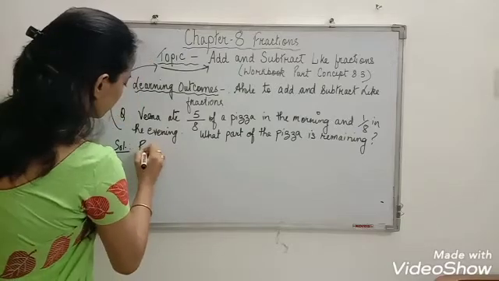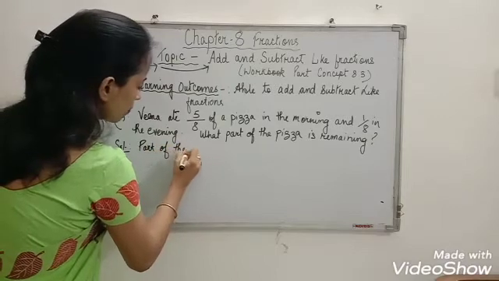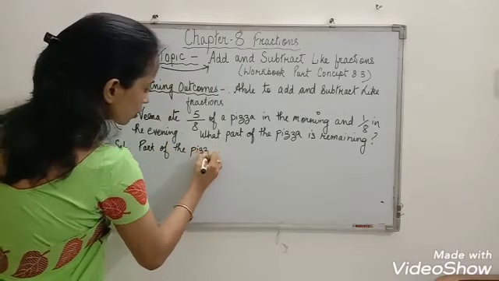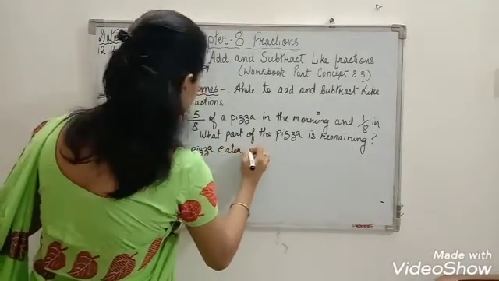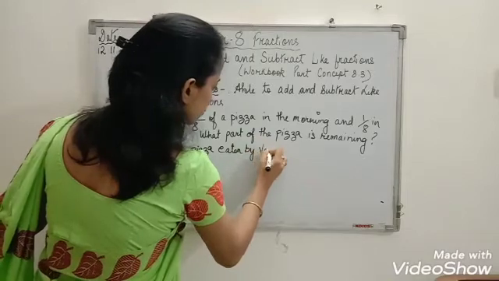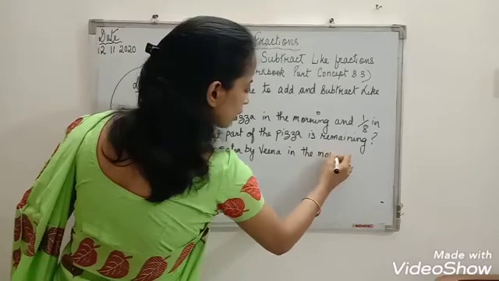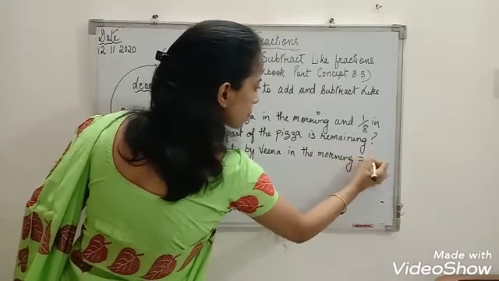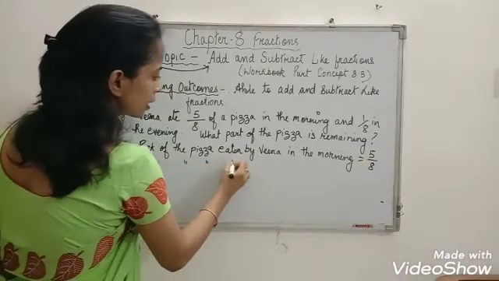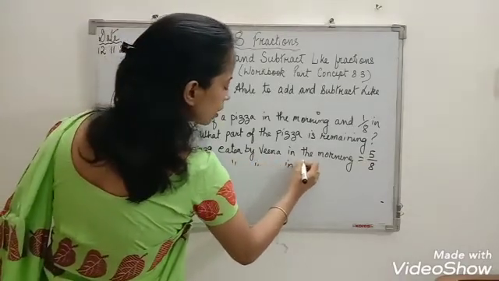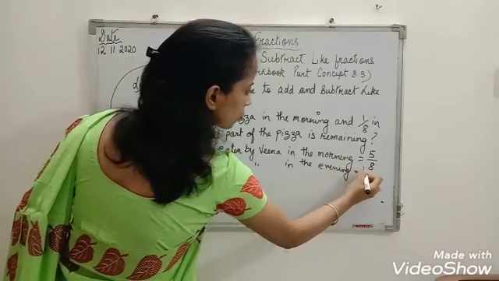Part of the pizza eaten by Veena in the morning, how much? 5/8. Then part of the pizza eaten by Veena in the evening, how much? Equal to 1/8.